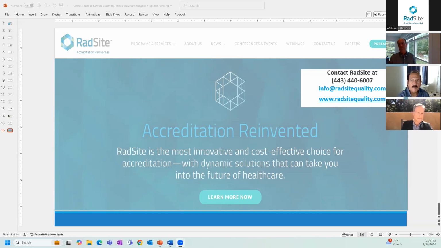More and more people are doing cardiac imaging, for example, in sites that might not have had all of their technologists with that full level of expertise. So I think it's really exciting and impactful, and congratulations, RadSite, for being one of the early pioneers with this.